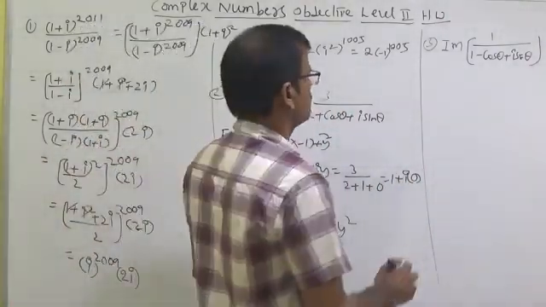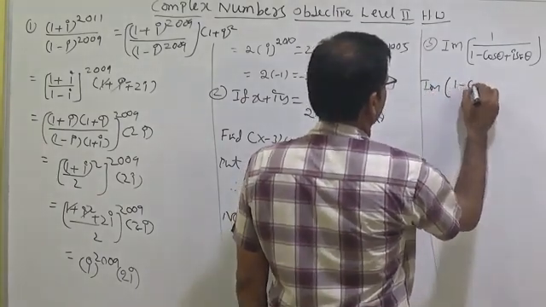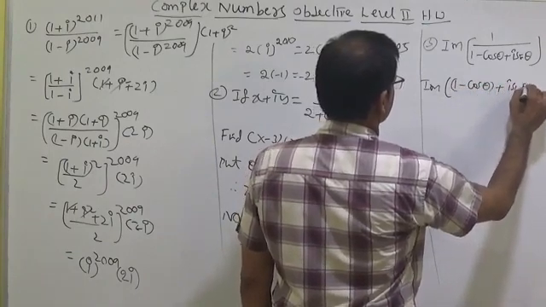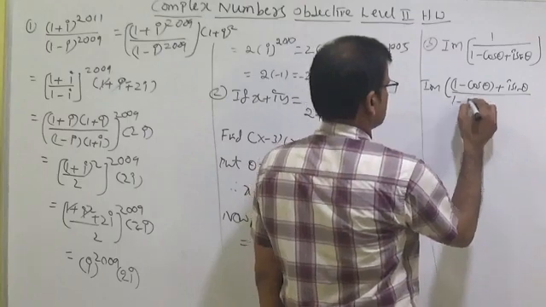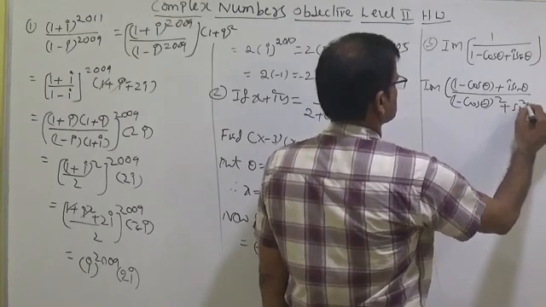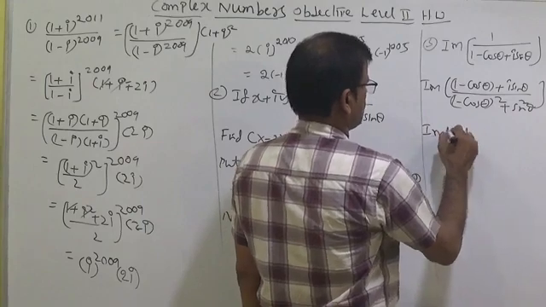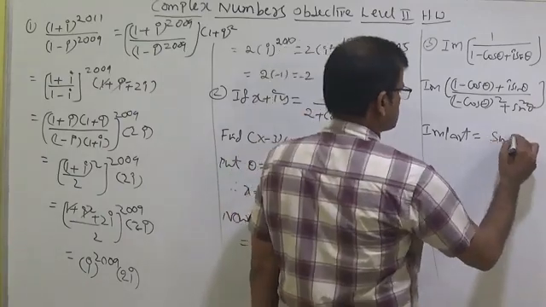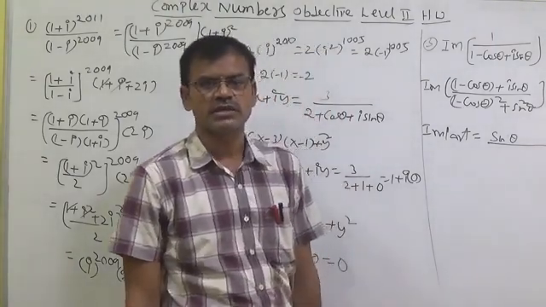Denominator becomes (1 - cos theta)^2 + sin^2 theta. Imaginary part means the i multiple, so we write this as sin theta over the denominator (1 - cos theta)^2 + sin^2 theta.